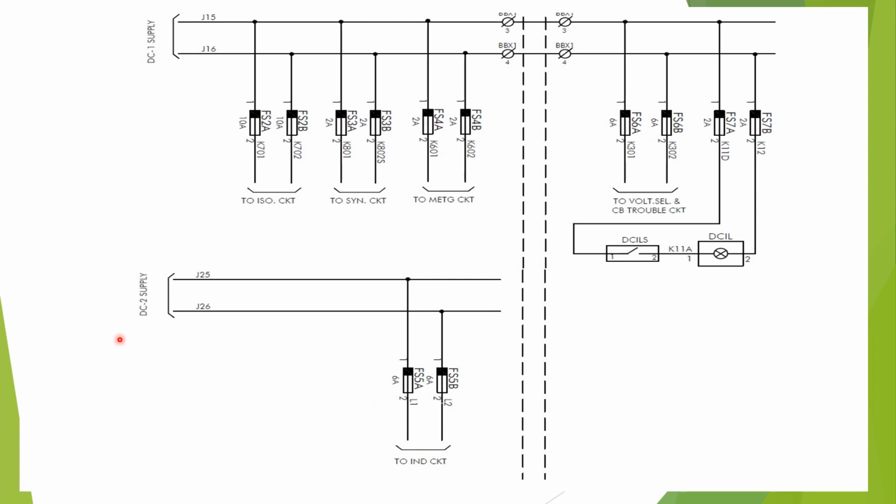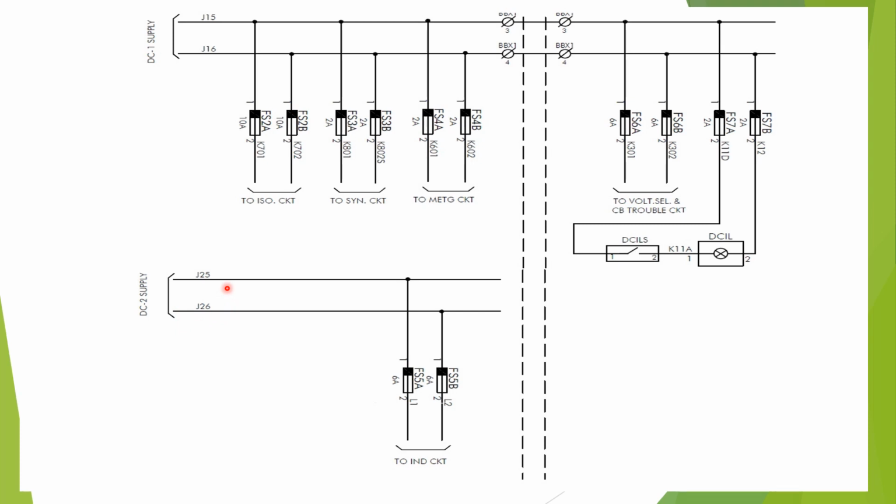So whenever the DC selector switch position is kept at switch position 1, both this J15 source, this DC will be selected from the DC source 1. Again, whenever the DC selector switch is kept at independent position, then J15, J16 will get DC from the DC supply 1, and this will get from the DC source 2.